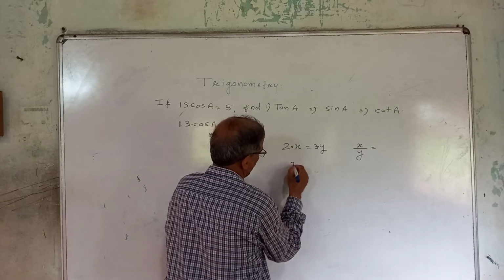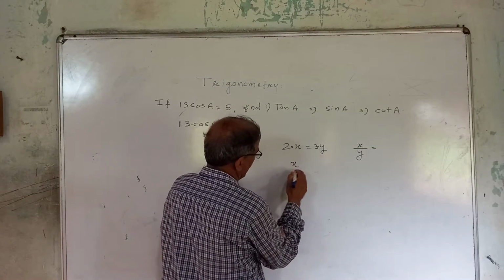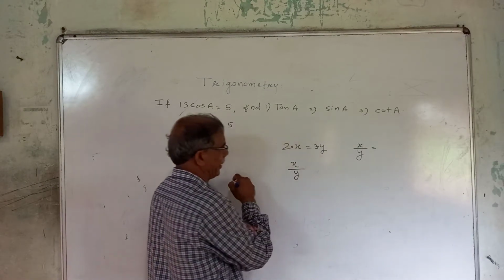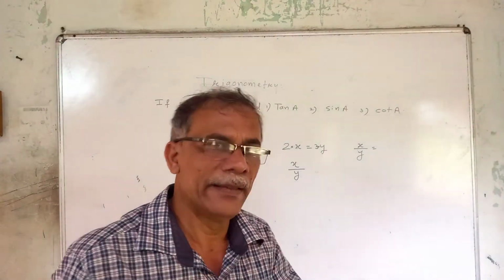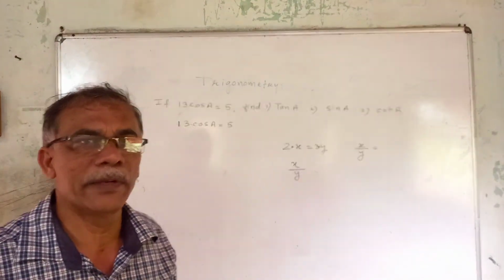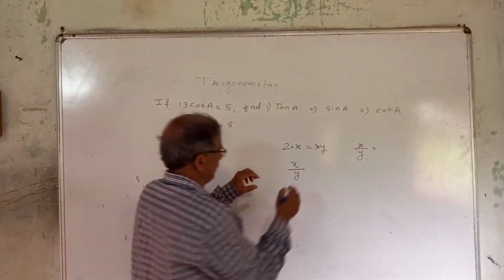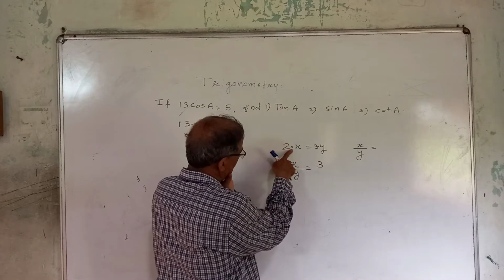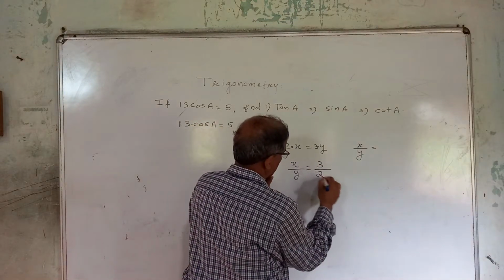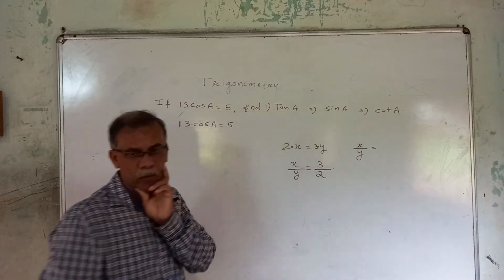Now see, this y when transferred to the left hand side will be upon y. And as you are transferring the variable to the left hand side, naturally the number will go to the right hand side of the equality sign. So x upon y is equal to 3, and this 2 when transferred to the right hand side will be 3 by 2.